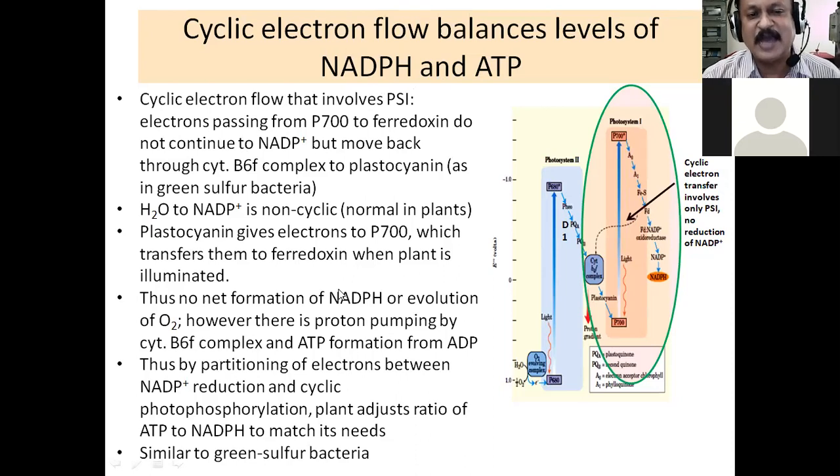If there is a large supply of NADPH, then that particular process will be stopped. We have seen in cyclic phosphorylation that NADPH is not required, and then ATP synthesis will continue to happen. So there is a balance of both these molecules, NADPH and ATP.